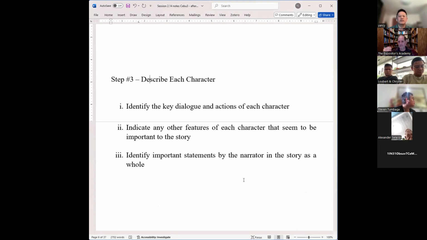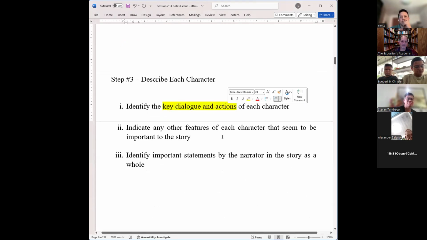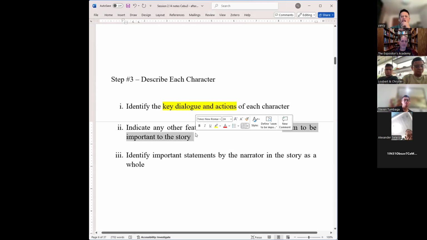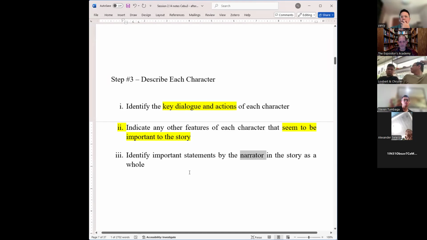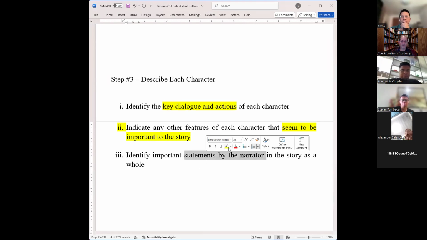I don't mean describe him that way. What I mean is identify the key dialogue and actions of each character: what seems to be important to the story by what they say and do. And then I mentioned the narrator here, identify the important statements by the narrator. The narrator doesn't do any action in the story, but he does make important statements in the story.